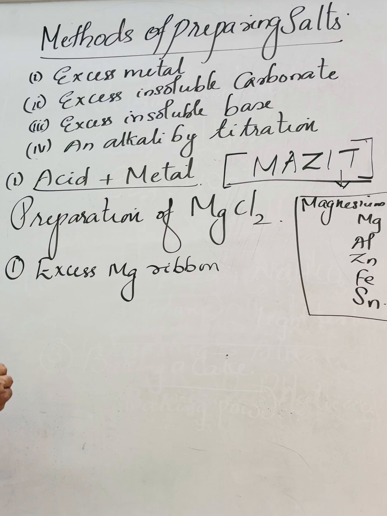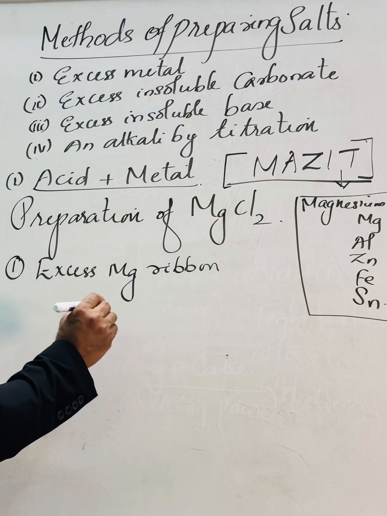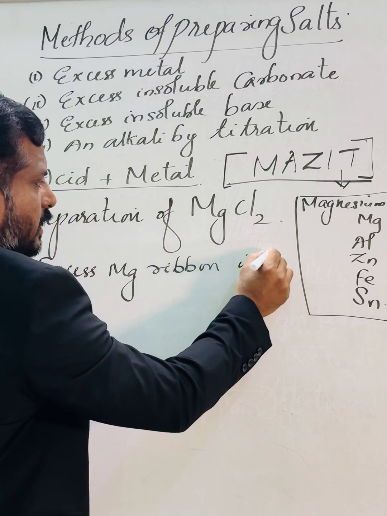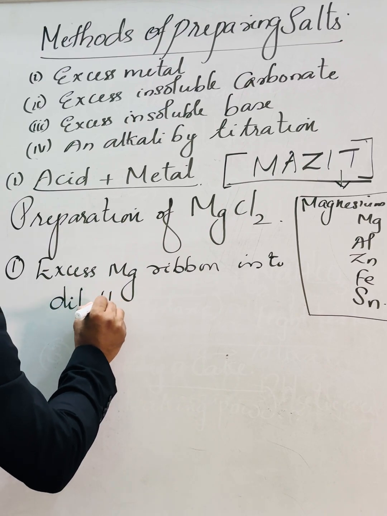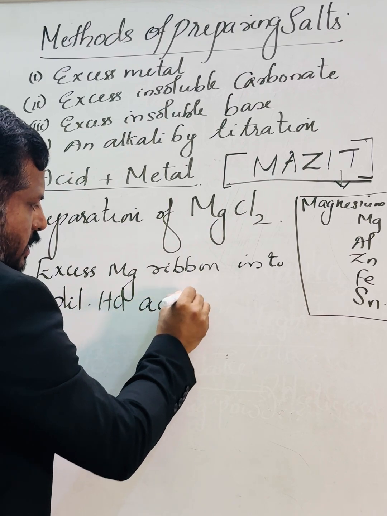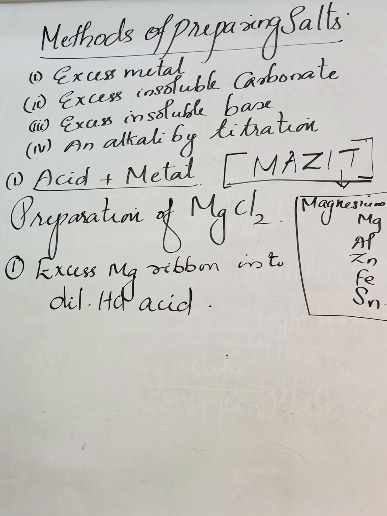In this case, the first step, add excess magnesium ribbon, that is magnesium metal, into dilute hydrochloric acid. Second stage, we will observe the reaction.